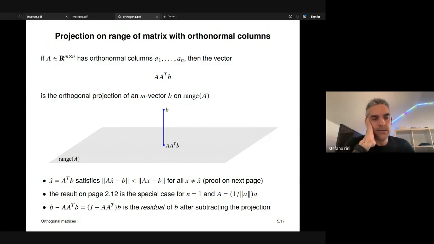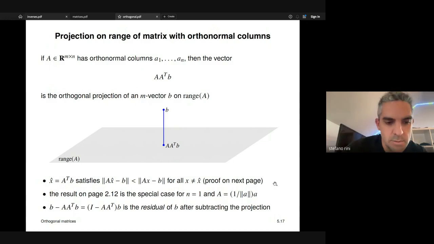Then if A is an m times n matrix that has orthonormal columns A1 to AN, then the vector A times A transpose B is the orthogonal projection of an m-vector B on the range of A. Now we have the matrix A and vector B, and A times A transpose B corresponds to the orthogonal projection: we look for the closest point to the plane.